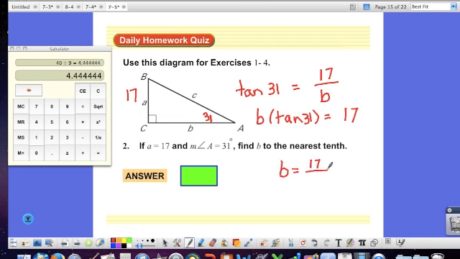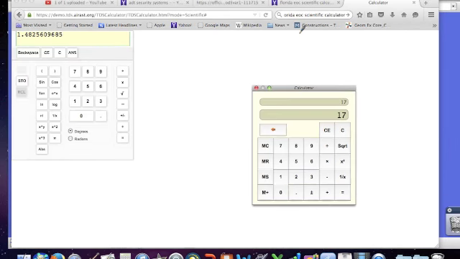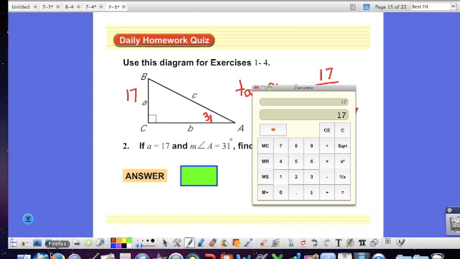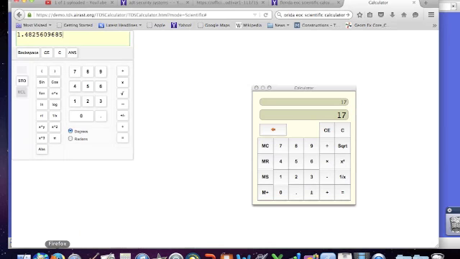So I'm going to go back to my scientific calculator. And remember what I'm finding here. So the tangent of 31 is that number, 0.6009.